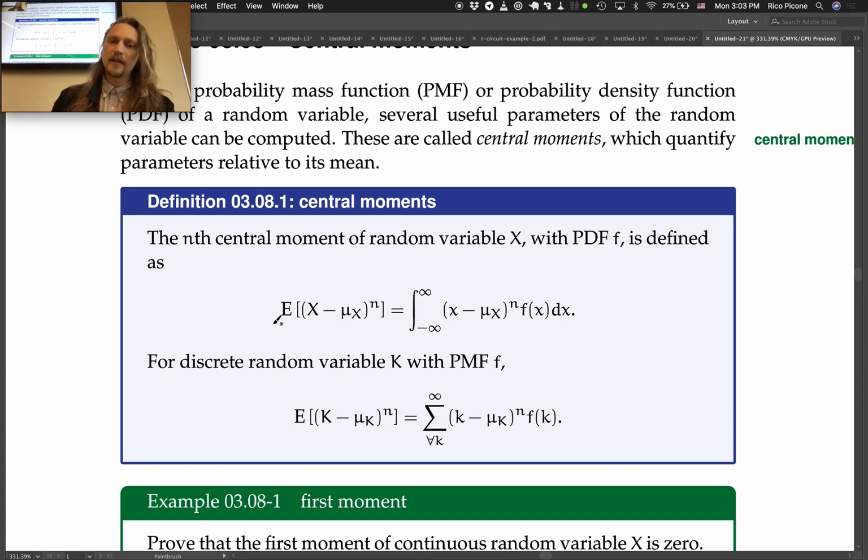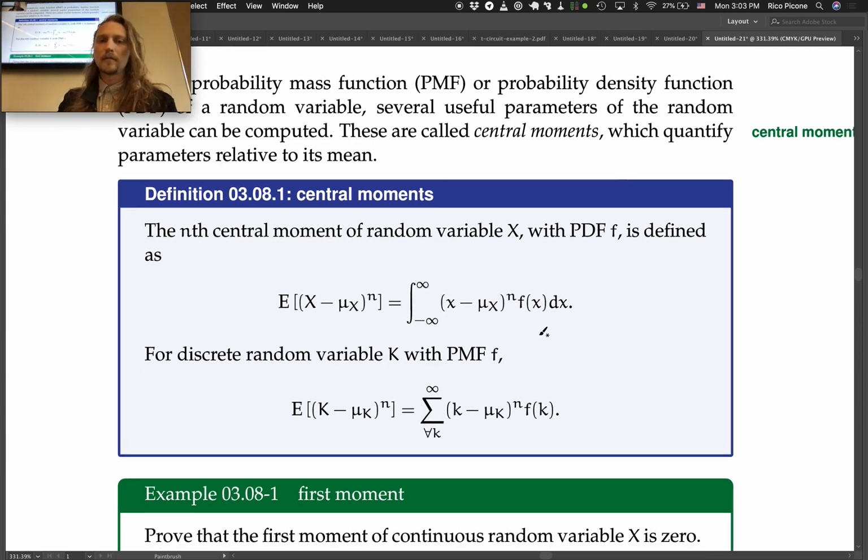That's the way that we write the nth moment. It is just literally using the expectation definition and plugging in that shift and power of it.